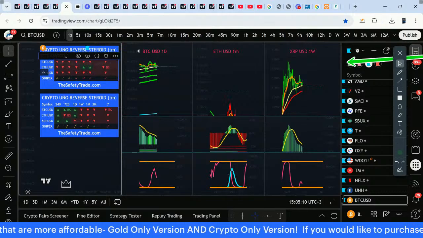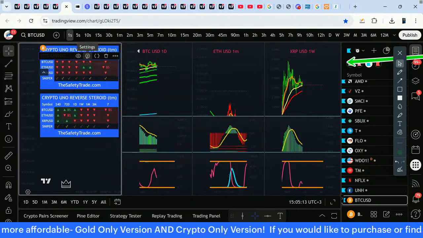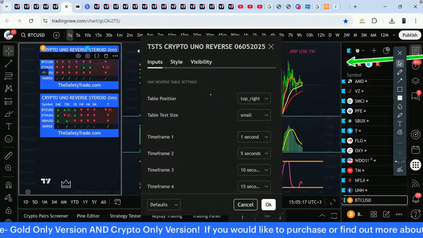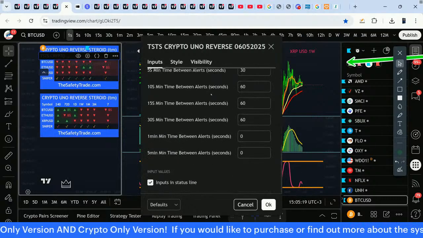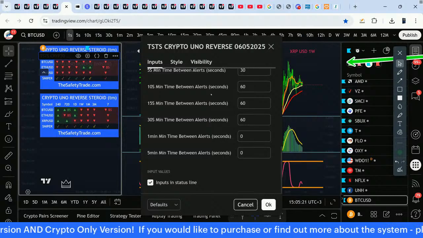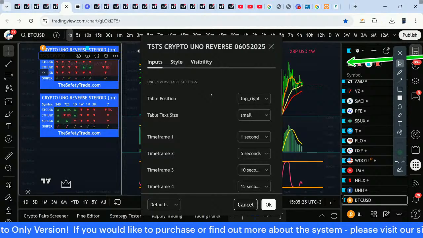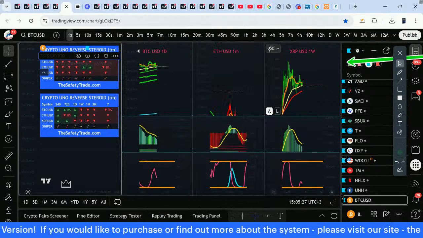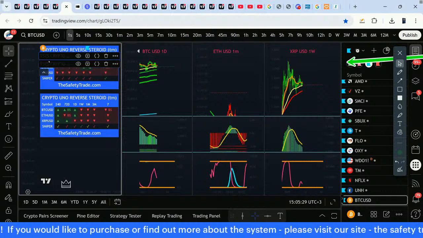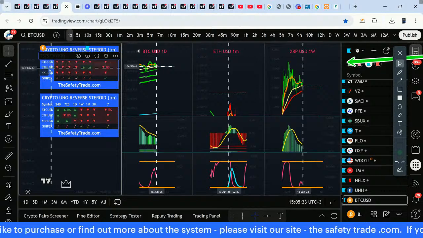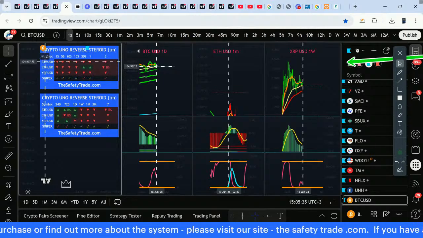Keith is correcting me. Test crypto Uno reverse. Why do I have the wrong Uno reverse? It's supposed to be the other one. Oh, do I have two of them on here?